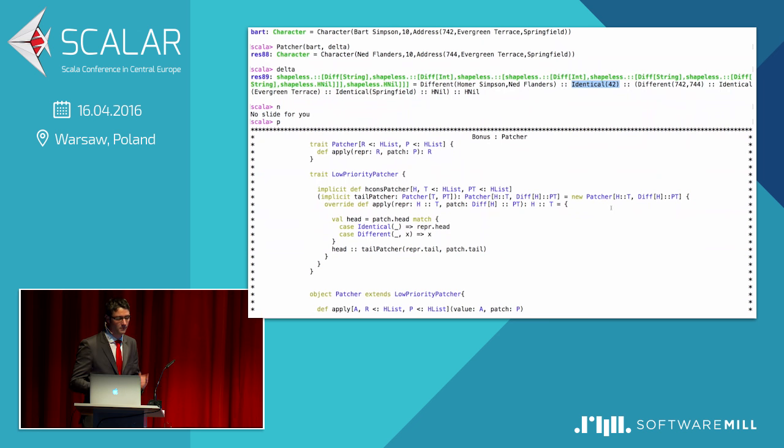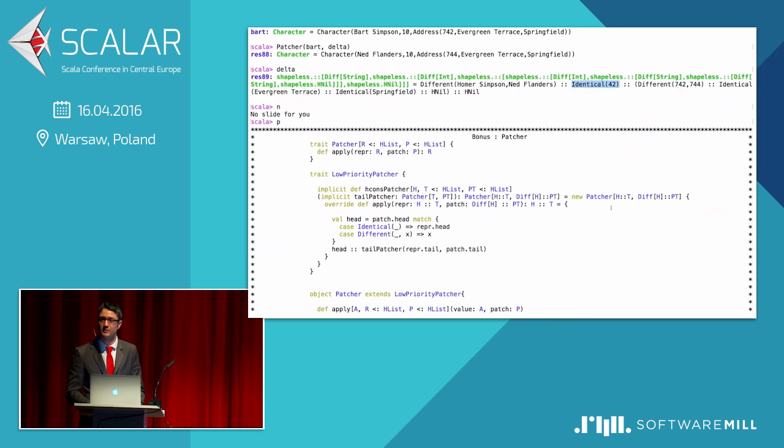Okay, so the shape would have to be the same, but I could possibly omit values, right? Yes. In fact, you could do this with labelled generic, which is the kind of generic that retains the field names, and then you could align using the field names and do some magic, but it wouldn't fit in a slide.